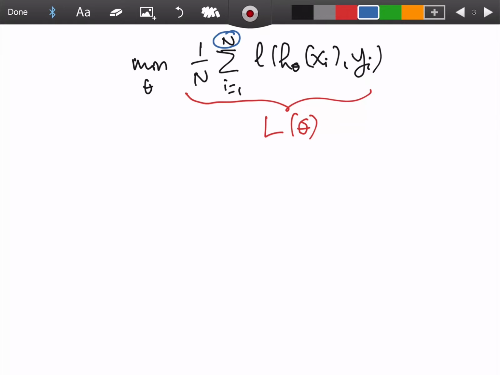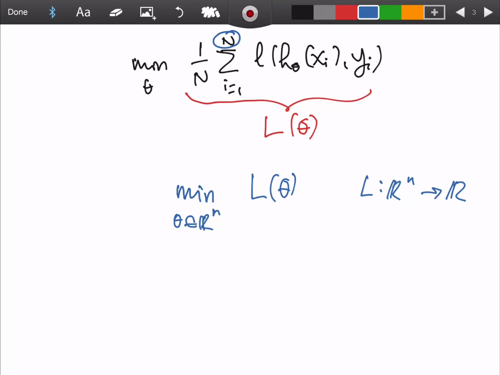Okay, so essentially we are interested in minimizing a function over some n-dimensional variable. So we have a function that takes us from R^n to R. It's a scalar valued function of an n-dimensional vector valued argument.